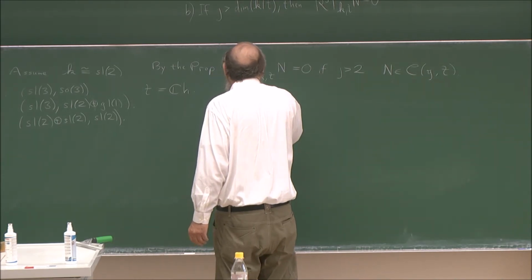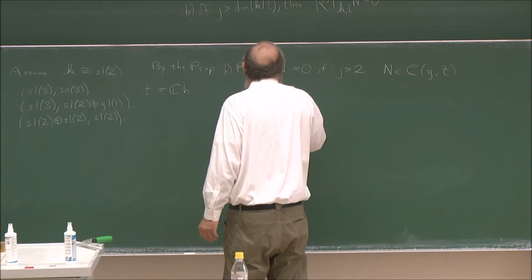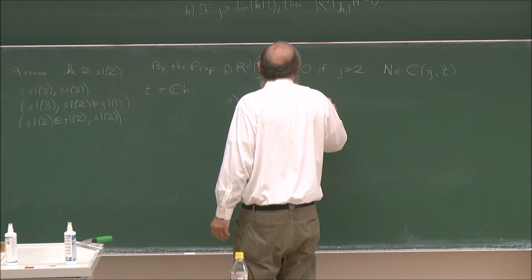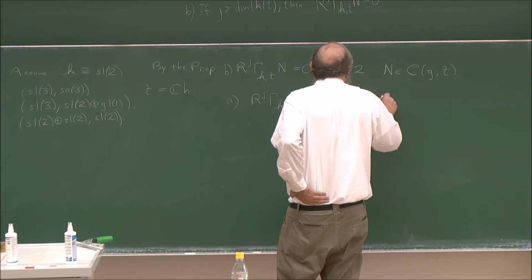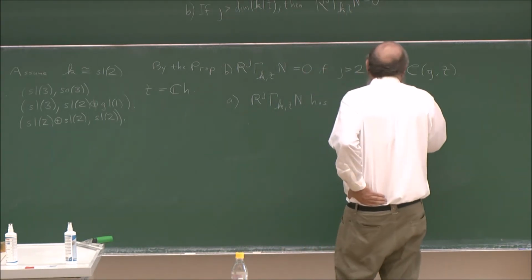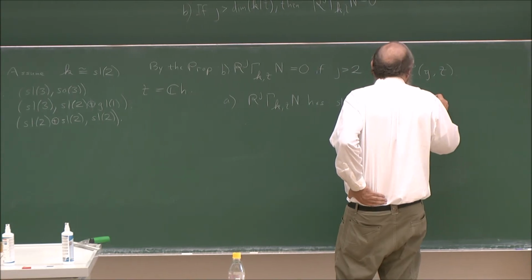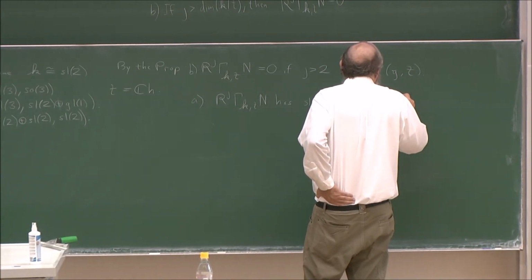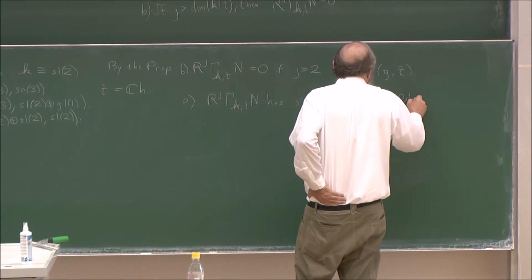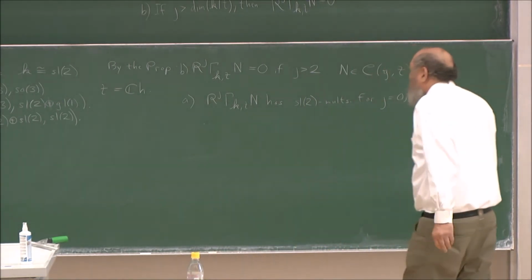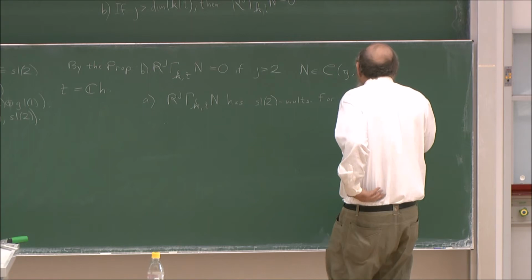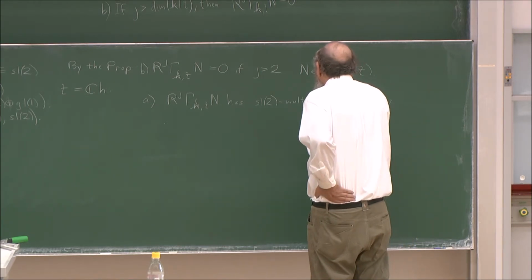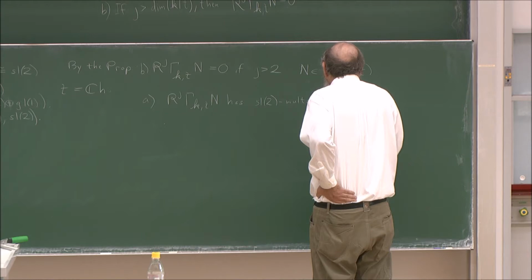But then in the first case, I have that R^j M, A, T, N has finite SL2 multiplicities for j equal to 0, 1, 2. And that's now under the condition that N is in this much smaller O category.